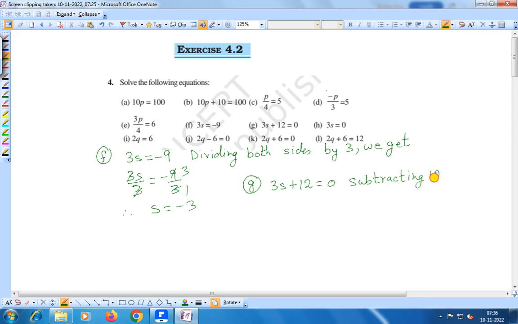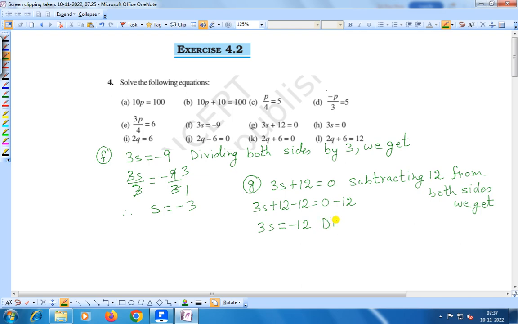Subtracting 12 from both sides, we get 3s plus 12 minus 12 is equal to 0 minus 12. That is 3s plus 12 minus 12 is 0. 3s is equal to minus 12.